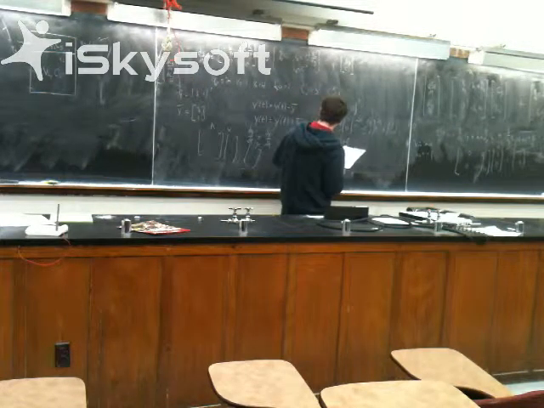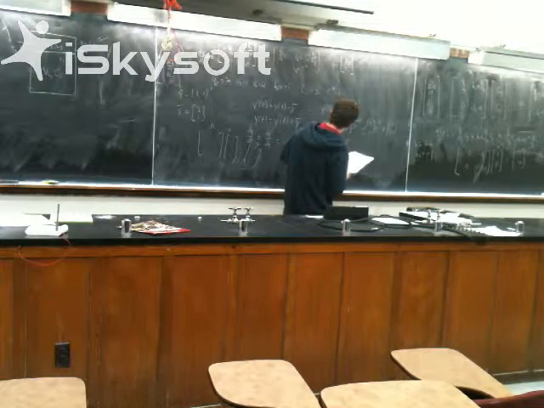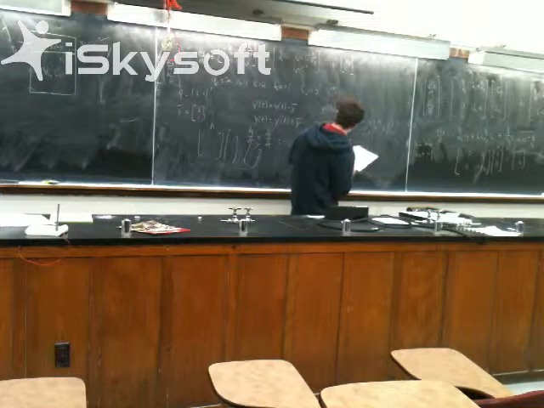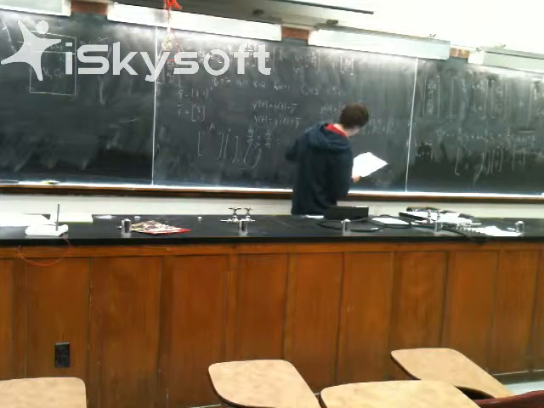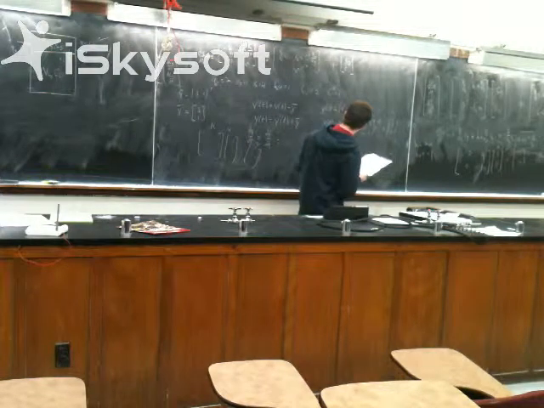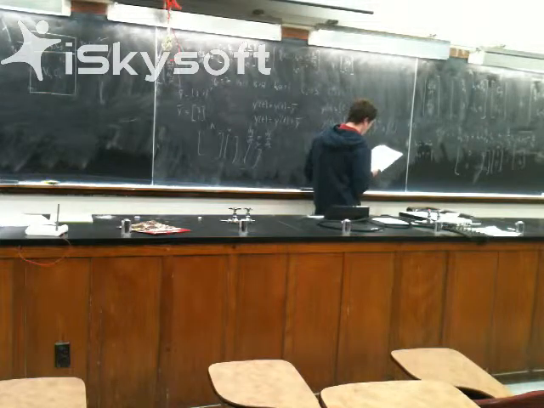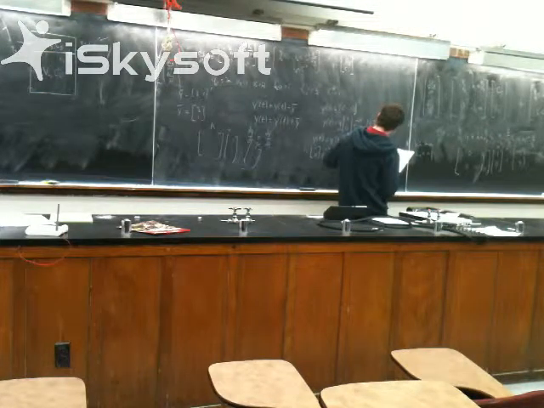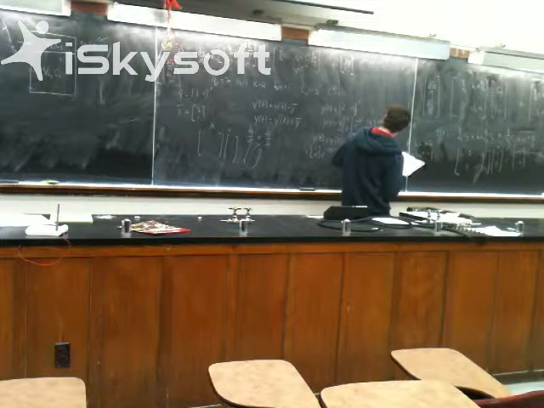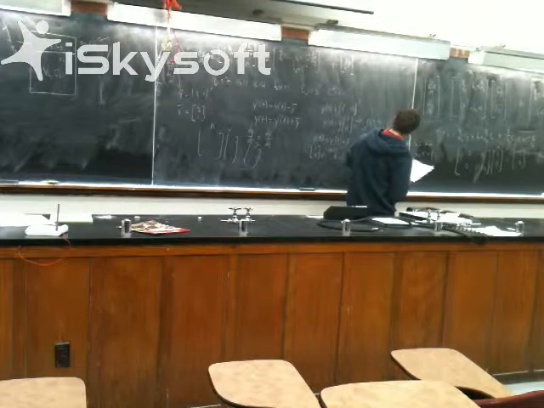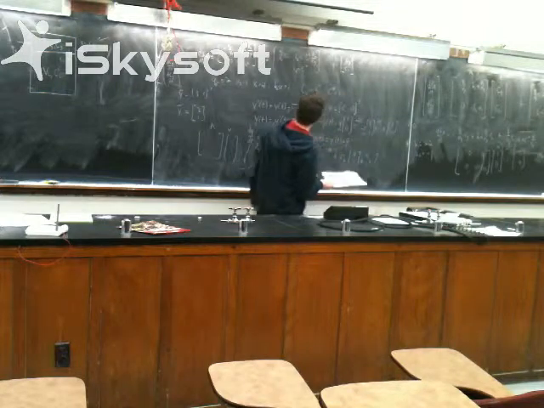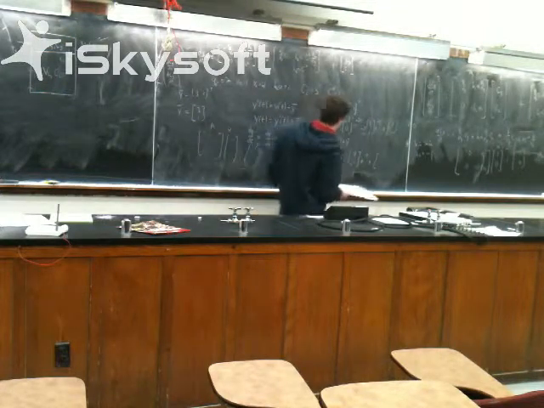So we're going to have c1 times the first eigenvector times e to the negative 2t plus c2 times 4, 1 times e to the negative t, plus our steady state solution, which a while back was found to be 3, 1.